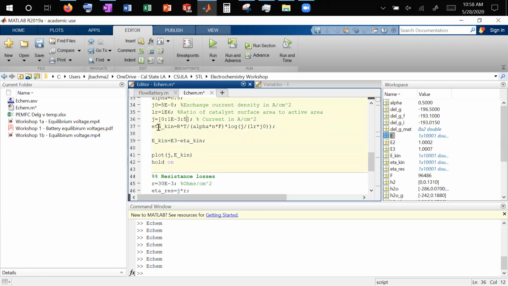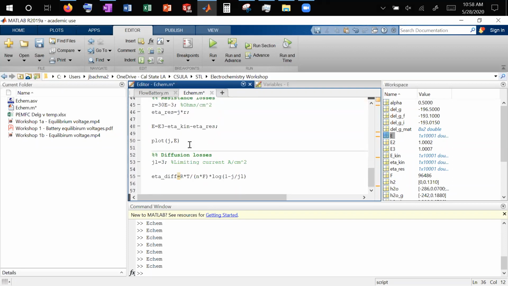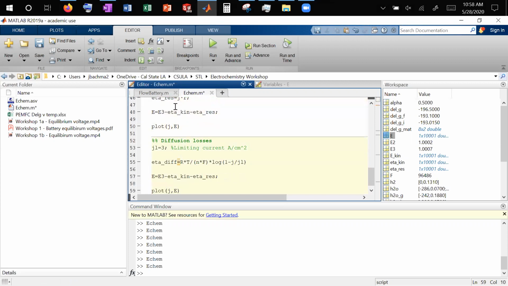So I'm going to have my current density go from 0 to 5, and then we'll do the sum. Just keep adding. So for this one I'm going to get rid of the kinetics.